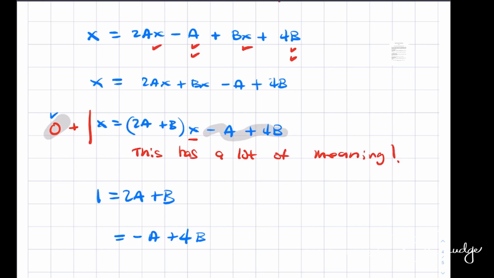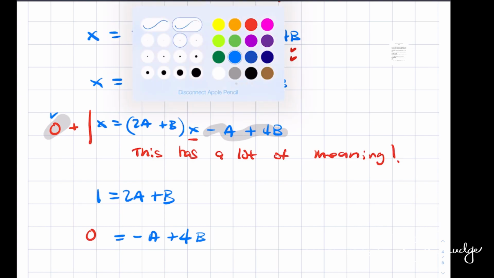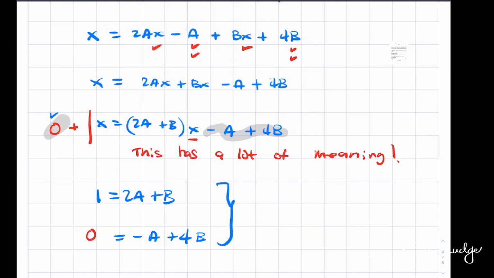Thank you, Winmore. That's 0. So what you guys now have is this. Let me clarify. 2a plus b equals 1. Negative a plus 4b equals 0.